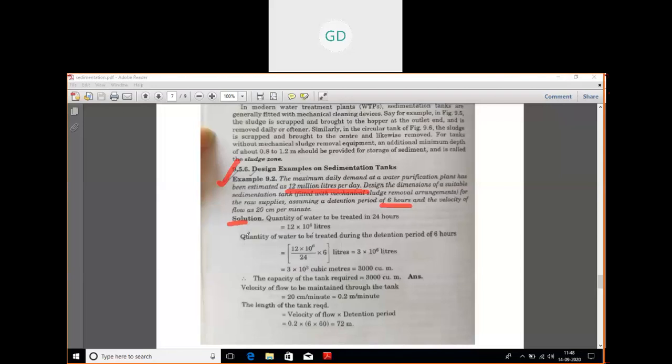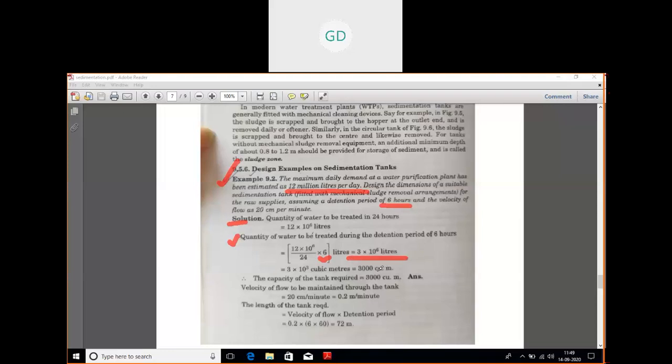Quantity of water to be treated during the detention period of 6 hours is 12 million liters. 12 million is 12 into 10 to the power 6. We divide it by 24 since it is per day and we need to convert it to hours, then multiply by 6, that is the detention period, and you get the capacity as 3 into 10 to the power 6 liters.